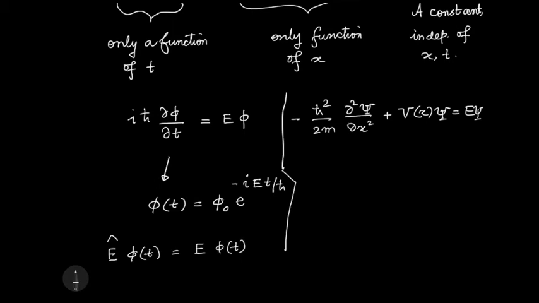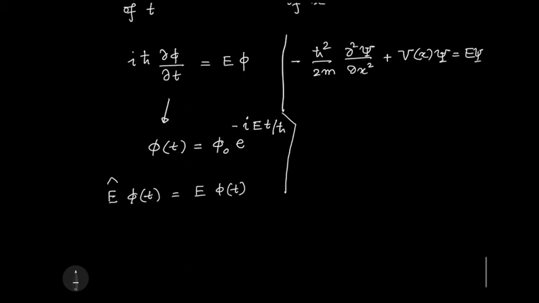If I operate phi with the energy operator, let's try it out. So i h cross del del t operating on phi, which is phi 0 e to the minus i E t by h cross.